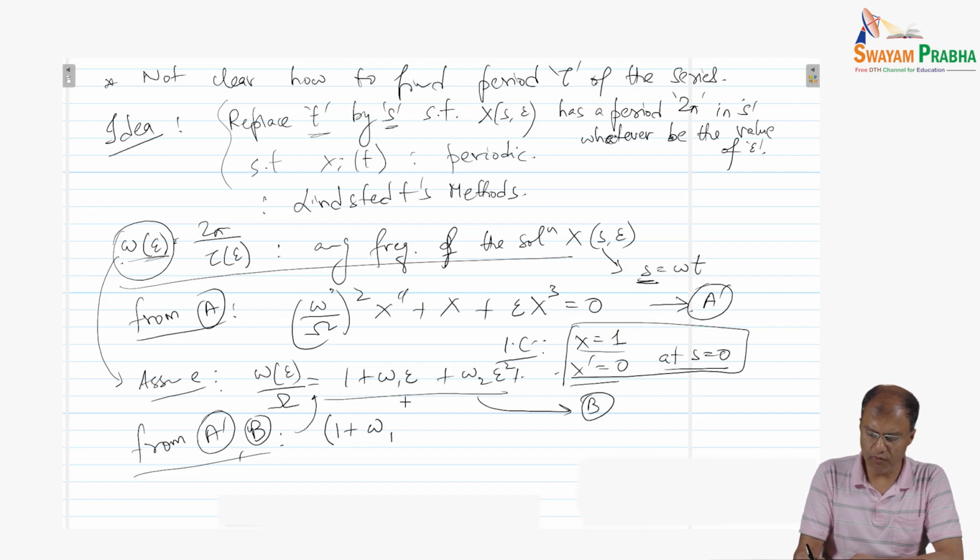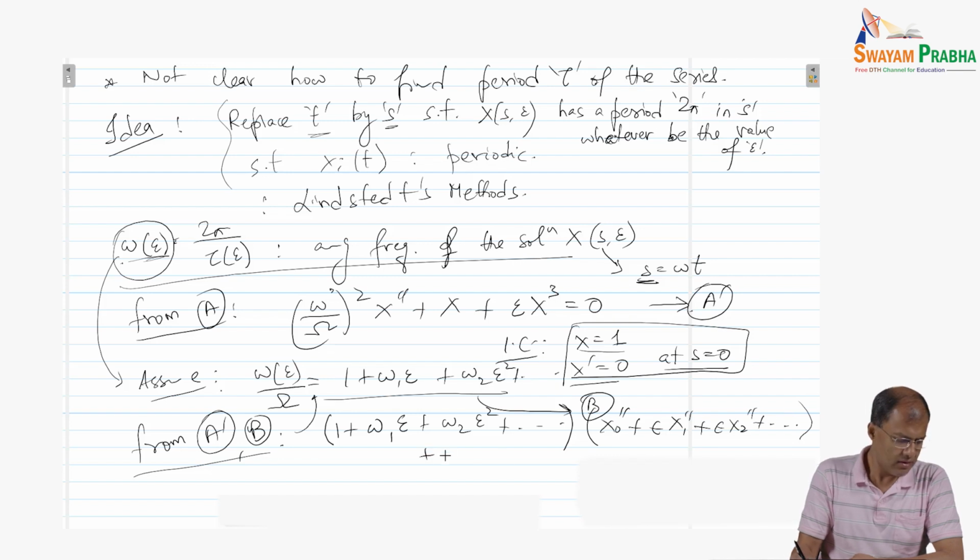So 1 plus omega 1 epsilon plus omega 2 epsilon squared and so on, times x naught double prime plus epsilon x1 double prime plus epsilon squared x2 double prime and so on, plus x naught plus epsilon x1 and so on, and then there is a third term epsilon x cubed, so plus epsilon times x naught plus epsilon x1 plus epsilon squared and so on, to the power 3, is equal to 0.